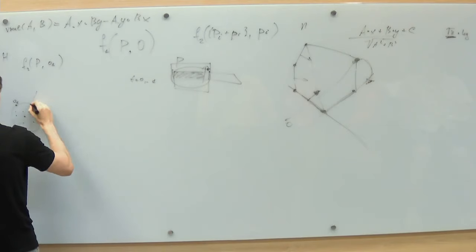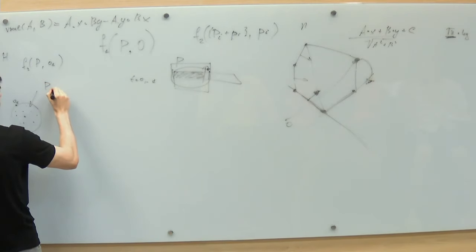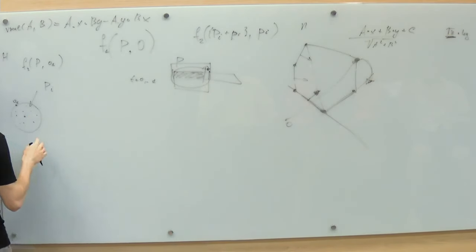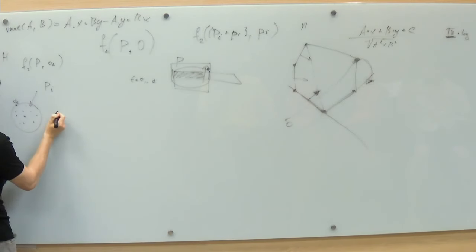And here we've taken some prefix of this set and we found the optimal circle. And again, we have some point that does not go inside.